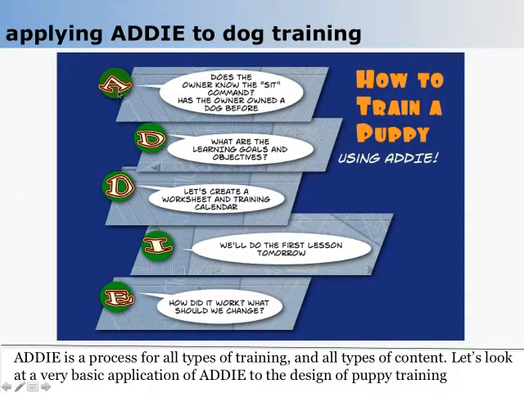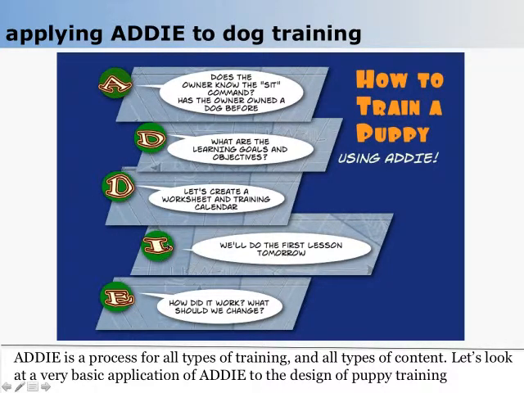During the analysis phase, the designer asks things like, does the dog owner know the sit command? Has the dog owner owned a dog before? They'll ask questions like that. During the design phase, the instructional designer will say, what are our learning goals and objectives? What is it exactly we want to do with this training?